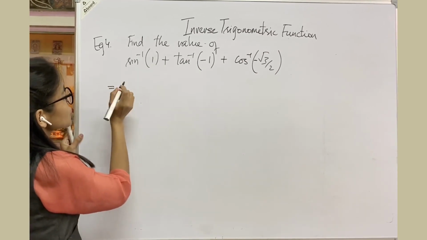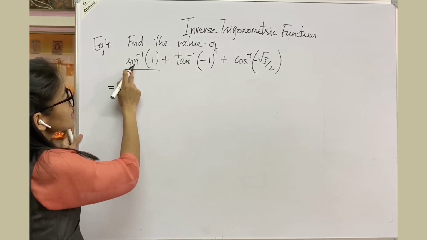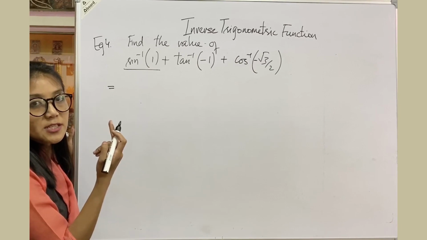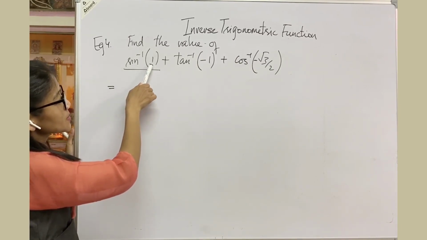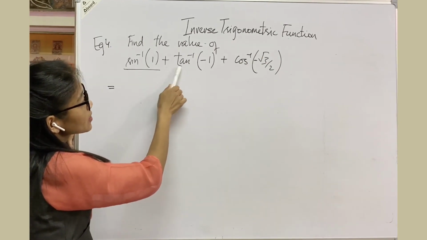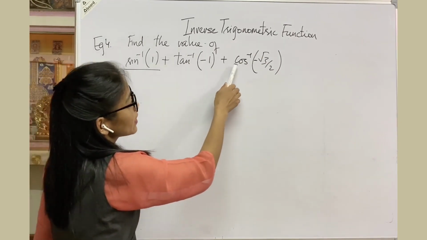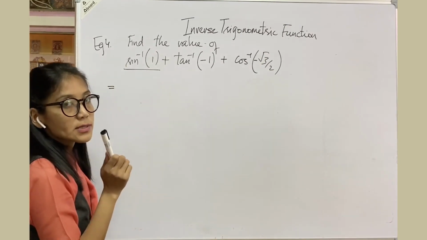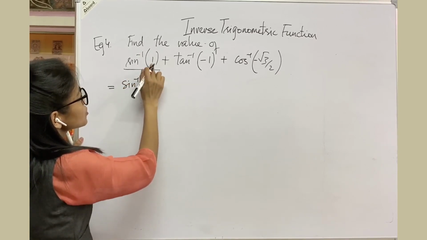So this is equal to, now you look here. In the first term, the outside term is sine inverse, so inside the bracket we will try to express it in terms of sine. Here we have tan inverse, so we will express this in terms of tan. Here we have cos inverse, so we will express this in terms of cos. So now I have sine inverse of 1.